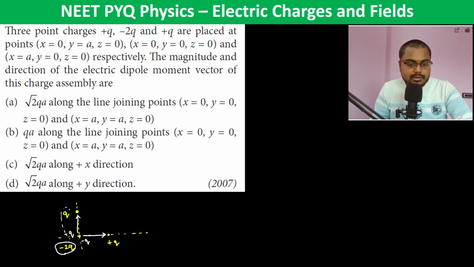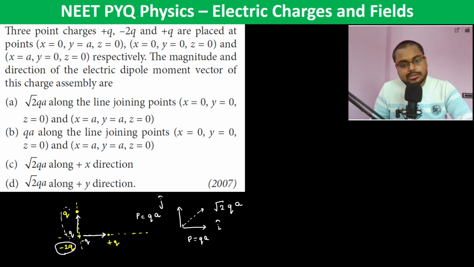Here P is going to be Q into the distance between them, so it's going to be Q into A. This is also Q into A. This is I cap, this is J cap. So it's going to be in this direction. The vector sum is root 2 QA, and it is at 45 degrees, along the line joining 0 0 and A comma A.